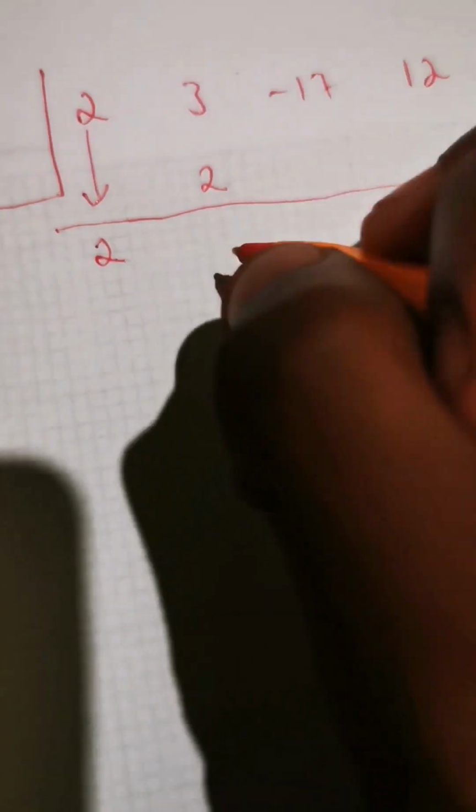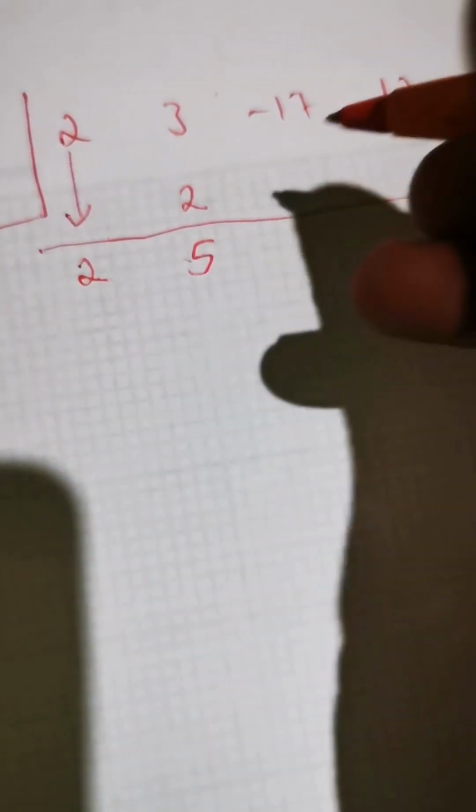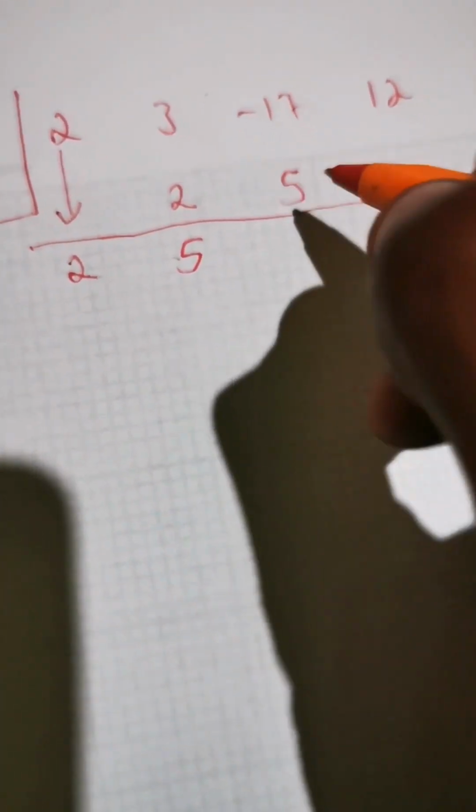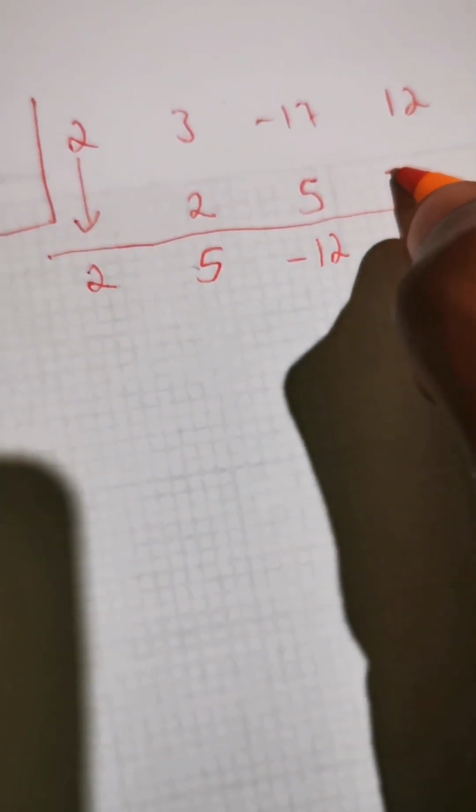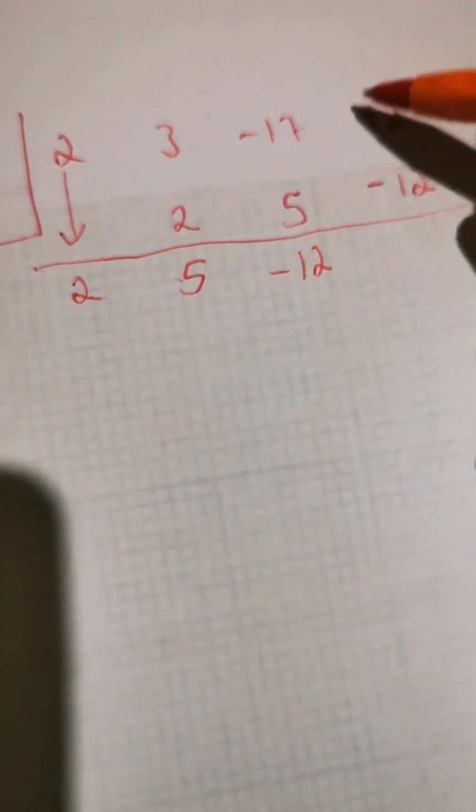Then you add here to give us 5. Then 1 times 5 gives us 5. When you add here, it gives us negative 12. 1 times negative 12 gives negative 12. Then when you add here, it gives us 0.